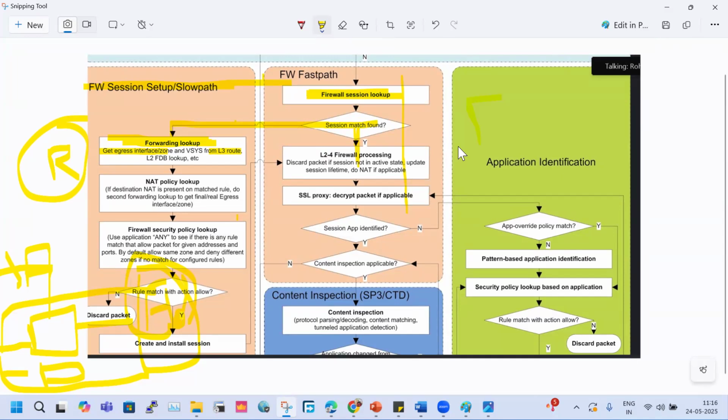It keeps the session details: what source is coming for which destination, and what the source port and destination port are. If the same source and the same destination come again, it will take the fast path, else it will go to the slow path.